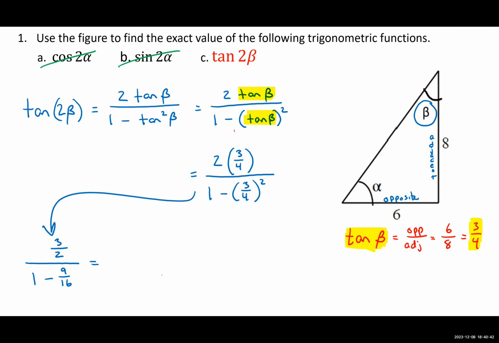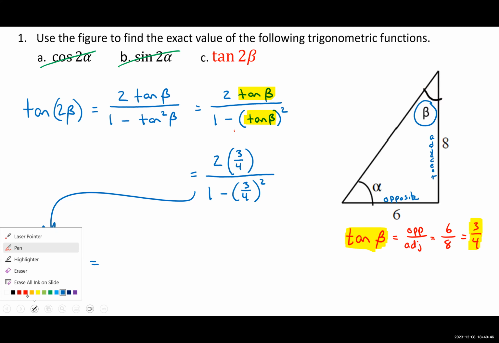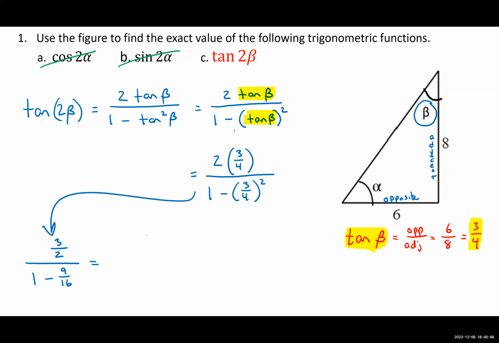So what's driving us right now? Like what are we trying to do? Just so we know why we're doing what we're doing. Well, I'm thinking if we have one fraction divided by one fraction, then we could rewrite that as multiplication. It'll be A over B times D over C. Keep, change, flip. So that's the direction I'm going right now.